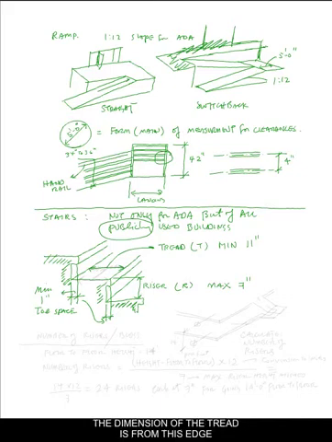The dimension of the thread is from this edge of the toe space to here. So this is that dimension of 11 inches. When you add the toe space, it becomes 11 plus 1, which is 12 inches. So in terms of the dimension, that is the thread dimension.